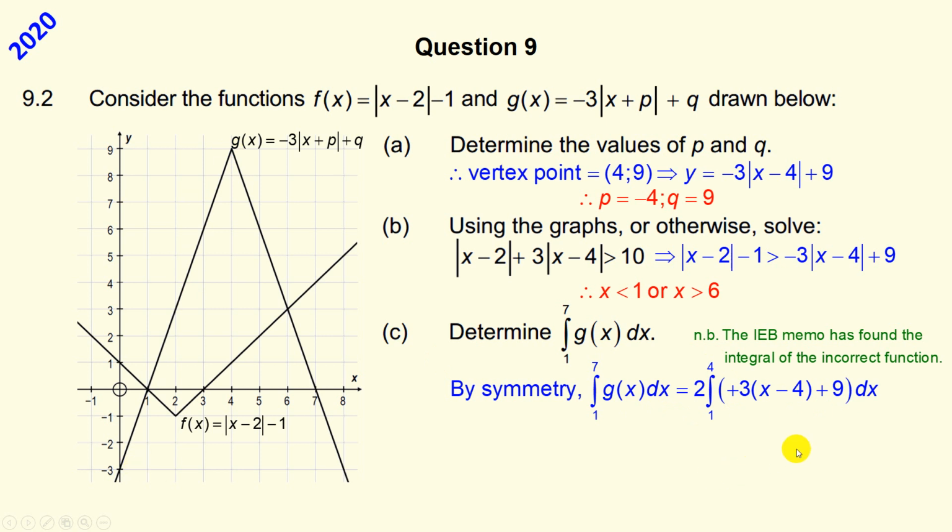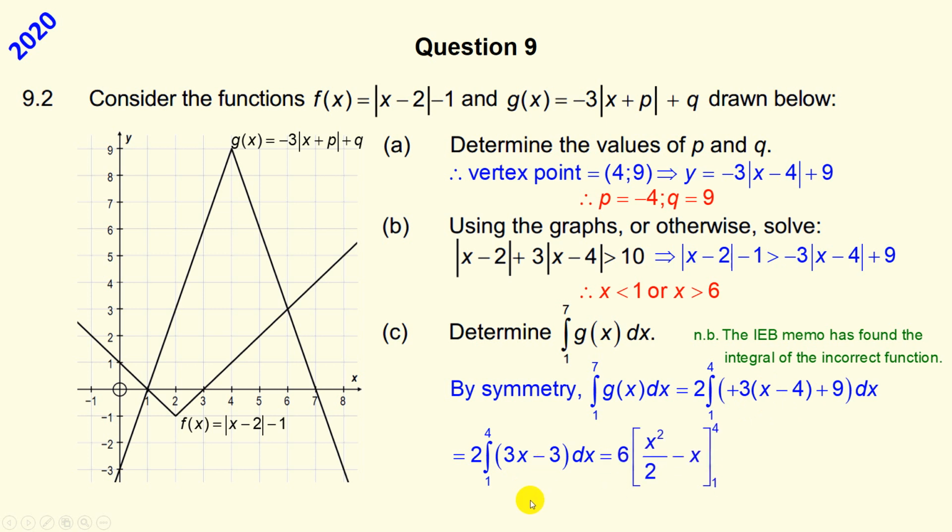The areas are the same, that's why. So therefore, we are finding twice the area from 1 to 4 of the integral of 3x minus 3 dx.